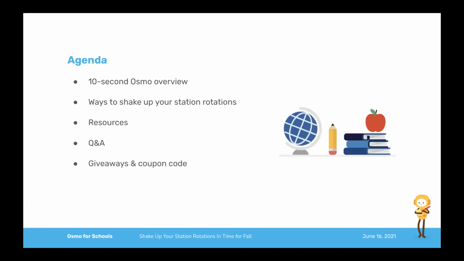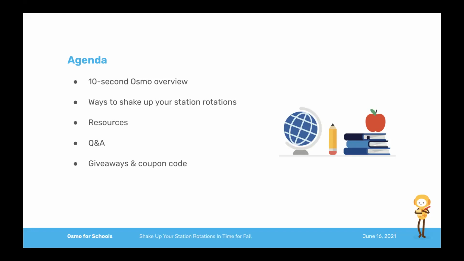So let's get started. I'm going to give a quick 10-second Osmo overview for those of you who might not be familiar with it. To really get to know it, I'll show you where you can go learn more. Then we'll get right into shaking up your station rotations. This doesn't necessarily mean your traditional, cut and dry stations where you have a group of 6 students at this table doing this activity and that table doing another activity.